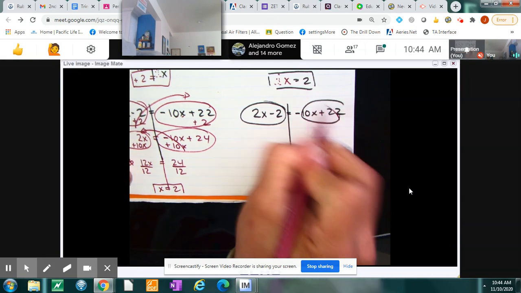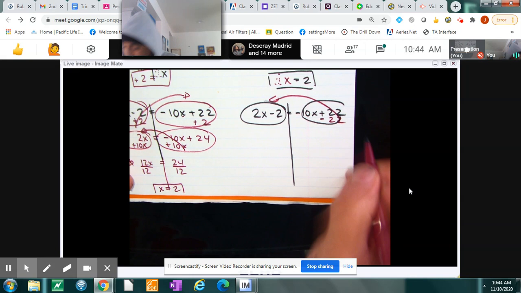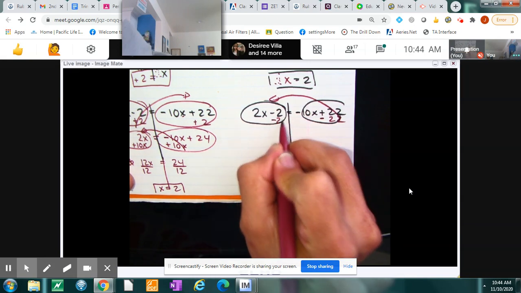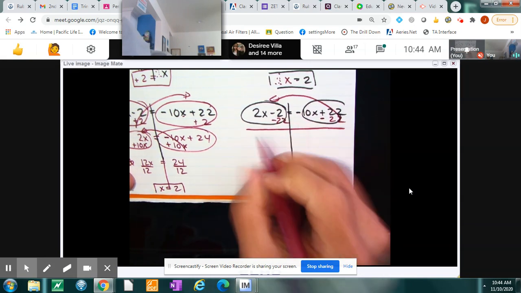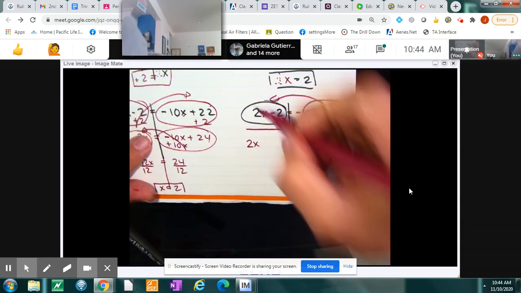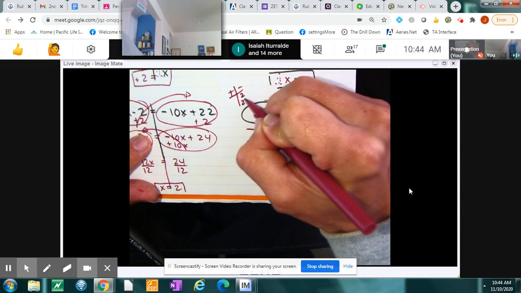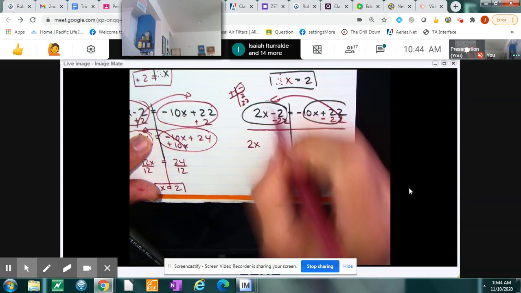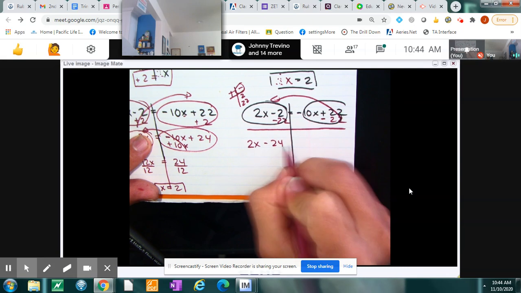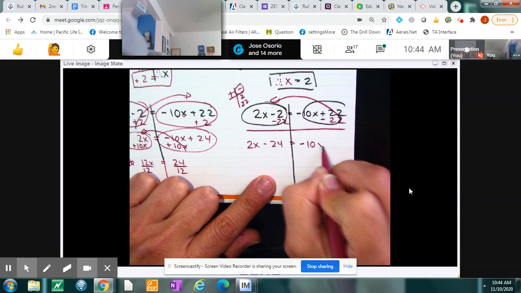I'm going to throw this out, so I need to put minus 22, and it has to go under minus 22. So then I get 2x. But remember right here, you have to do the t-chart. That's minus 22 minus 2, that's minus 24 again, equals negative 10x.